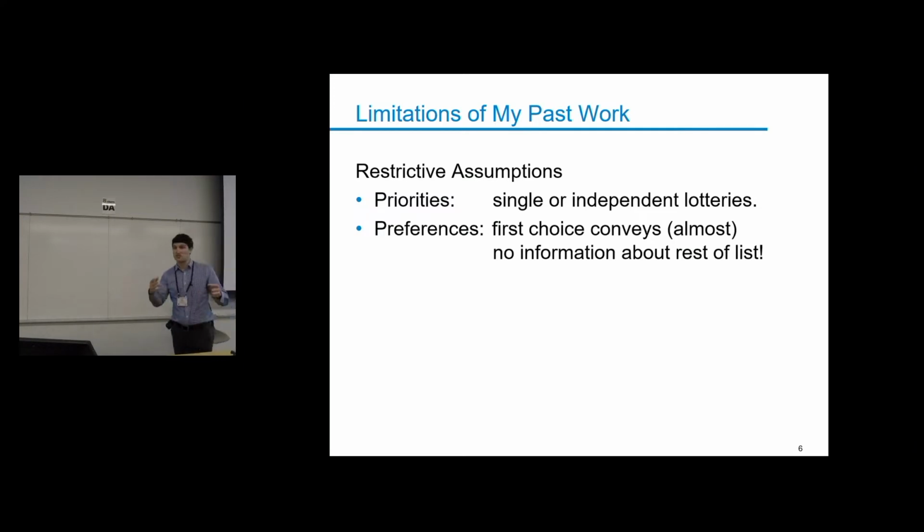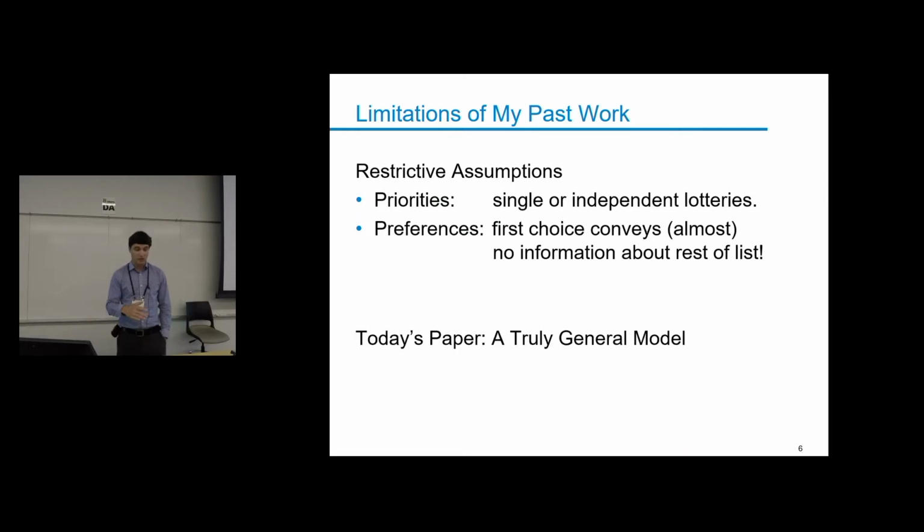There are certain students that like certain types of schools and other students that like other types of schools, and learning my first choice tells you quite a bit about my second or third choices. And so what I want to tell you about today is a truly general model that allows for much more flexible priorities and preferences while maintaining enough tractability to be interesting.